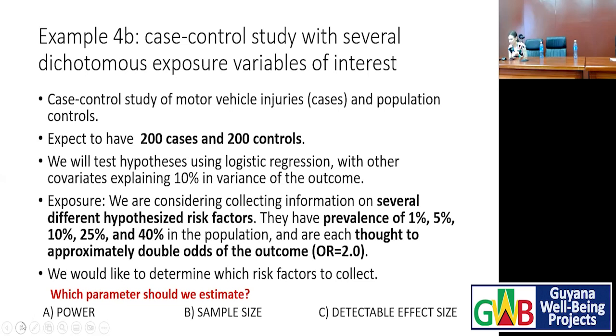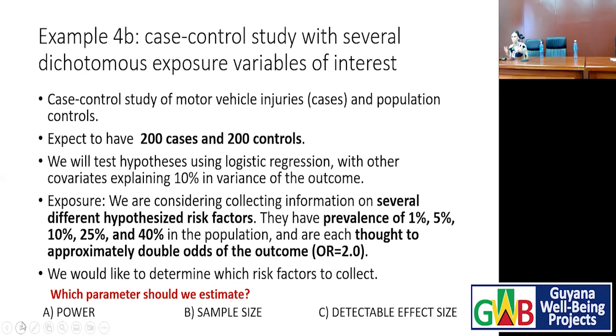So here we are looking at 200 cases and 200 controls, and we're saying we have some other covariates, and they're going to explain about 10% of the variance in the outcome. We know we need to include those, so assume that we are considering collecting information on several different hypothesized risk factors.